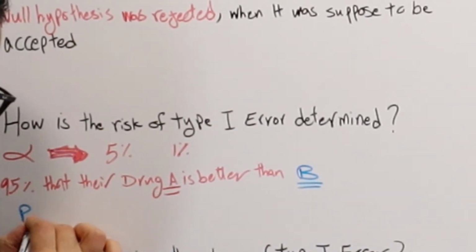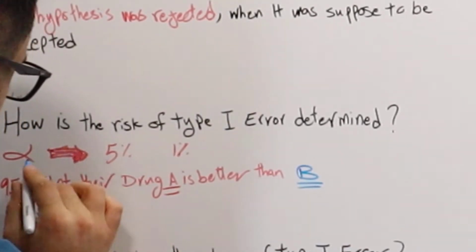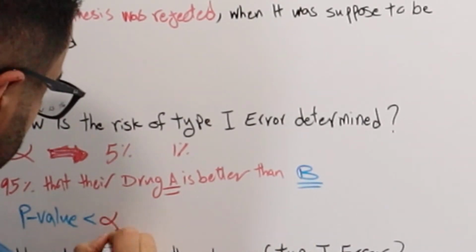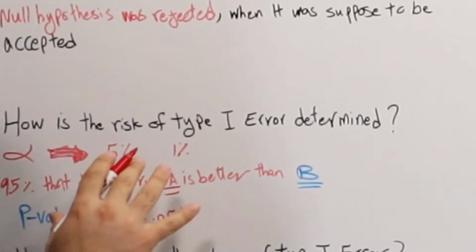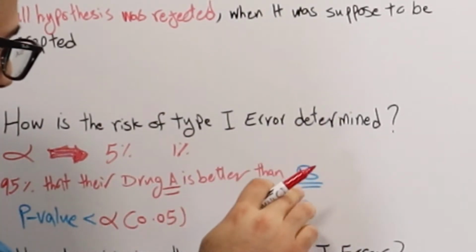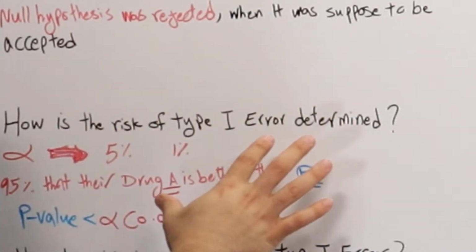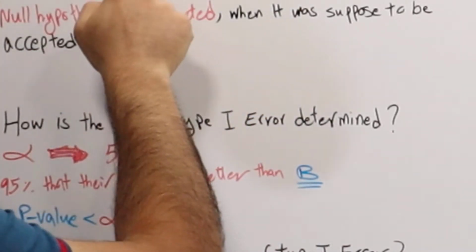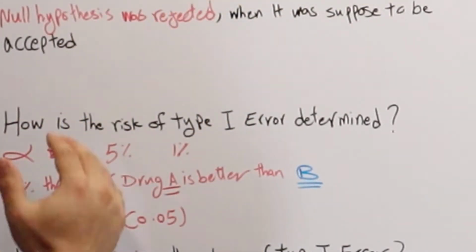The p-value must be less than alpha, which is 5%, so 0.05, for drug A to be better than the drug that already exists in the market, which is drug B. The way it's determined is through this alpha. Sometimes type 1 error, instead of being called false positive, is called alpha because it's related to alpha.